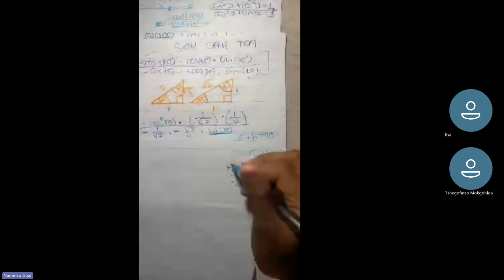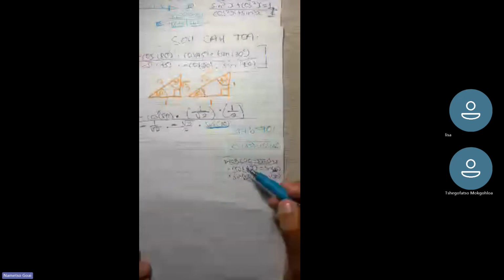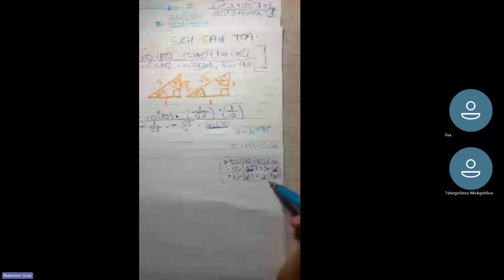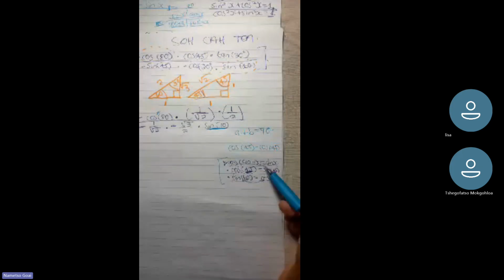Just apply this. Because remember, we said if we have sine 60, we know for a fact its cofunction is cos 30. If we have cos 45, we know for a fact that its cofunction is sine 45. So over here, if you have cos 80, what is going to be its cofunction?